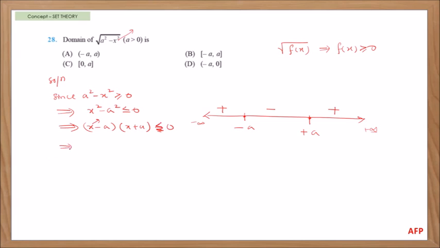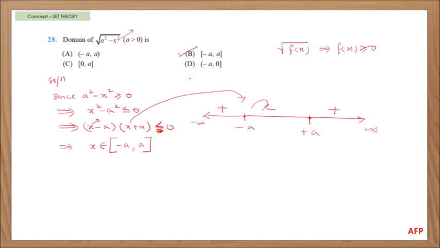So this implies that x should belong to this negative interval, because a negative inequality is there. So minus a to plus a, a closed interval because of the equal sign.